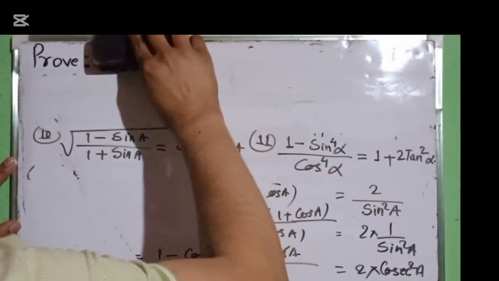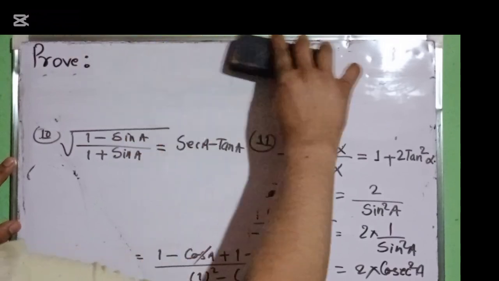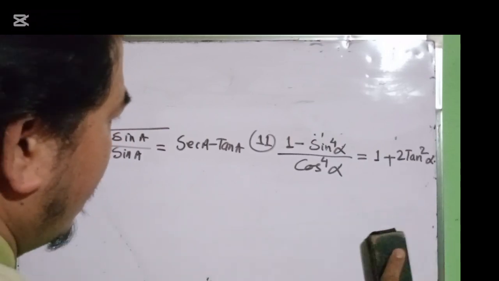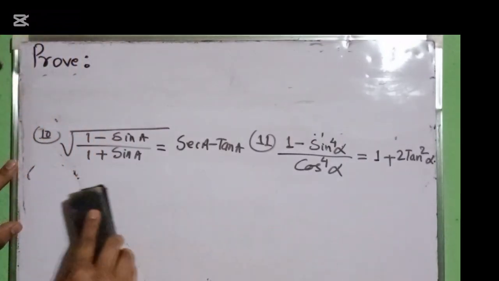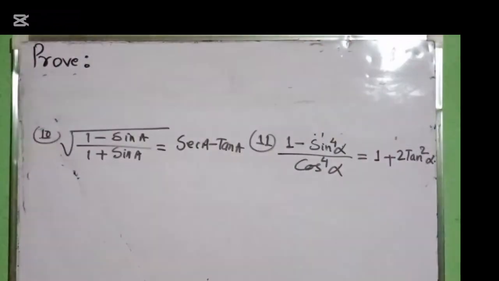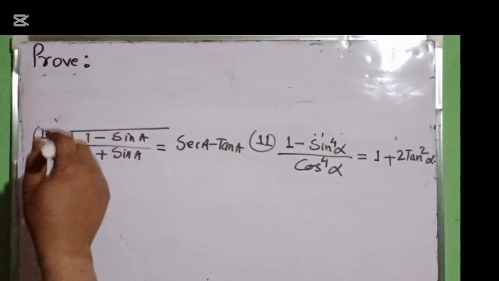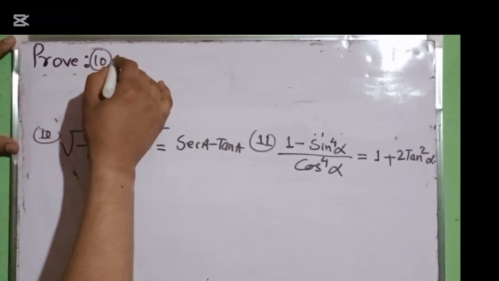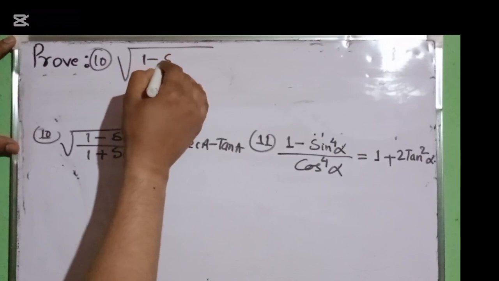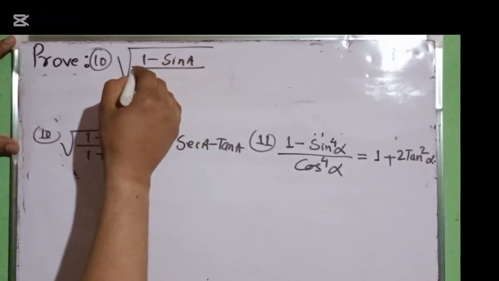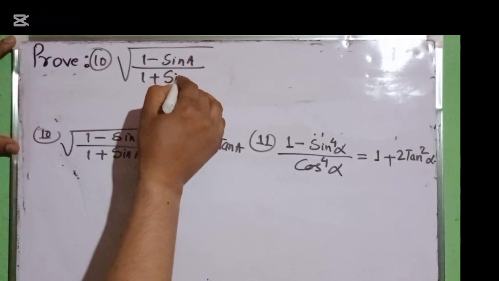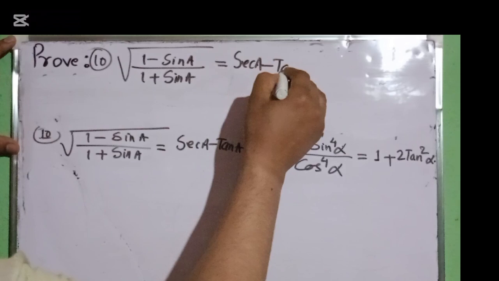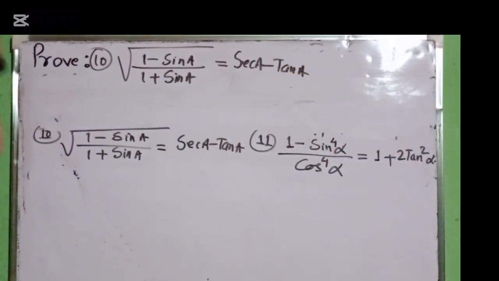Look at number 10. It asks us to prove that square root of 1 minus sin A by 1 plus sin A equals sec A minus tan A. This is number 10.